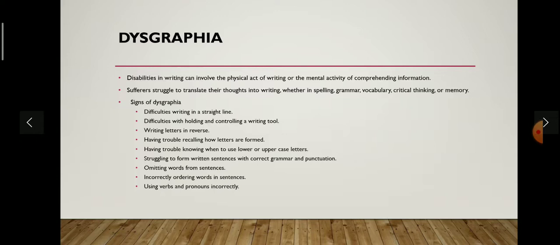Like "I'm going to school," they write "I going am to school." So they are facing problems using verbs and pronouns incorrectly, struggling to form written sentences with correct grammar and punctuation. So these are the signs of dysgraphia.